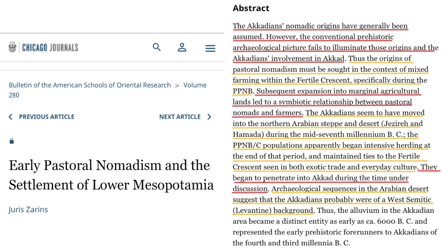"Archaeological sequences in the Arabian desert suggest that the Akkadians probably were of a West Semitic Levantine background," and that's the main important thing that I want y'all to get. So again, we're seeing that Arabian and Levantine connection, and most evidence really is pushing to a Levantine origin of Semitic populations.